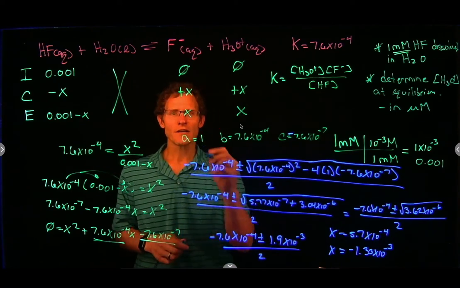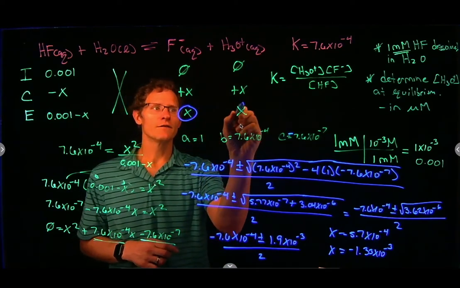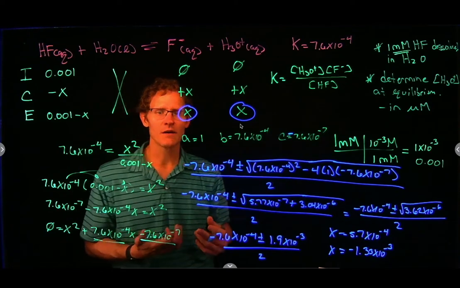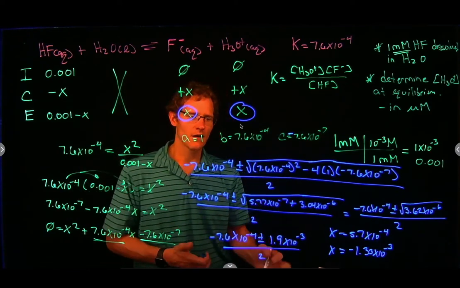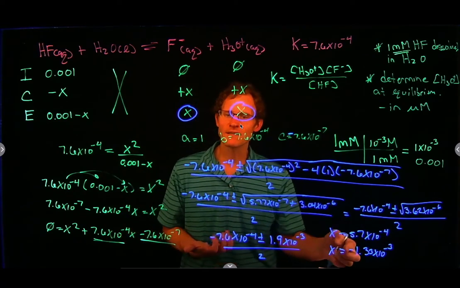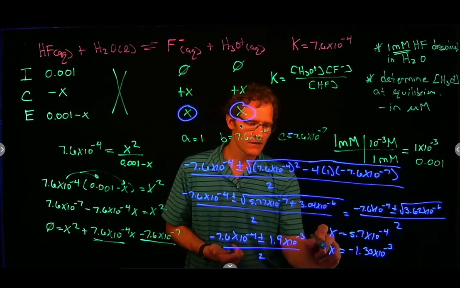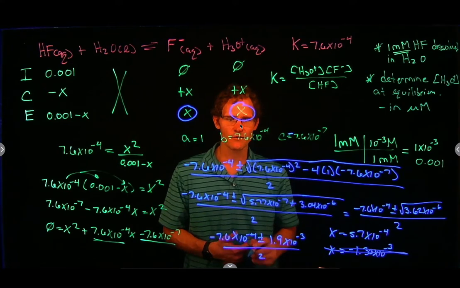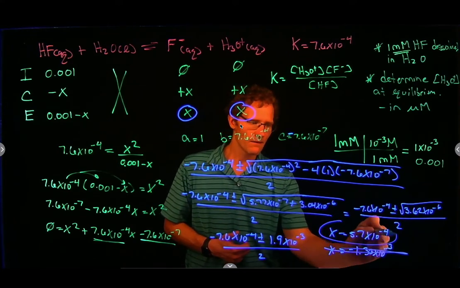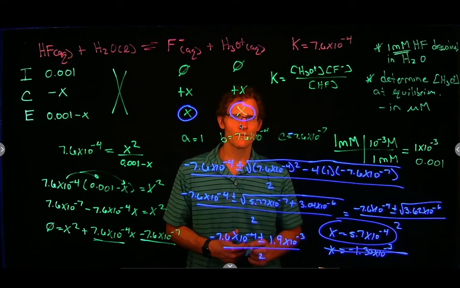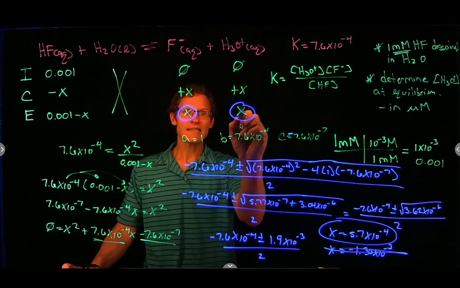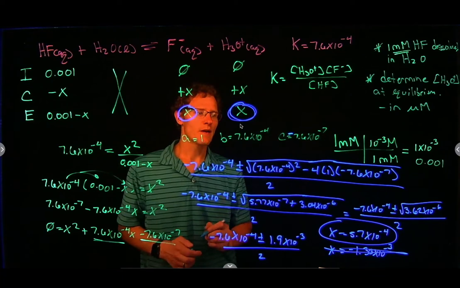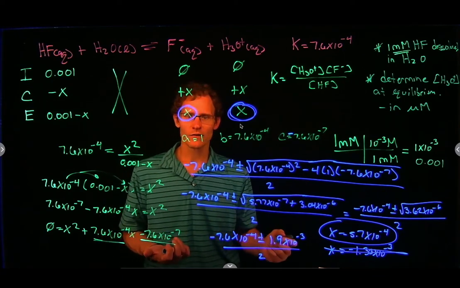What I want to note here is that both fluoride and hydronium have equilibrium concentrations of x, which means x must be positive, it can't be negative. So this is not possible. This is the value of x. Okay? And that's quite convenient because x is the equilibrium concentration of hydronium.